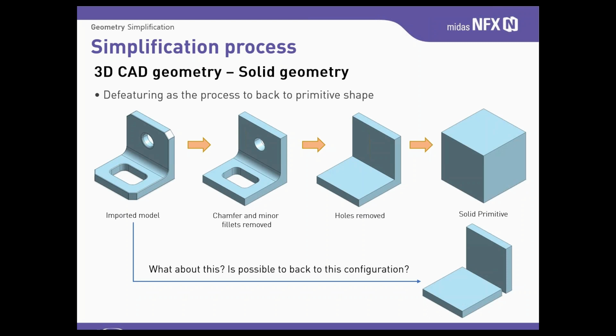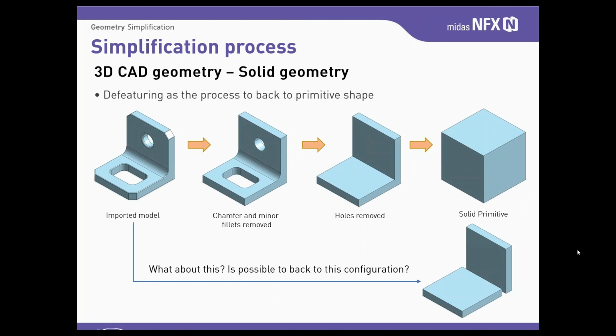I refer to the slide with the animation a few slides ago, where I showed two modeling ways, addition and subtraction. The defeaturing process will always, at least theoretically, lead to a primitive shape, and it can be recognized as the opposite of the subtracting approach of modeling. So we are going this way.